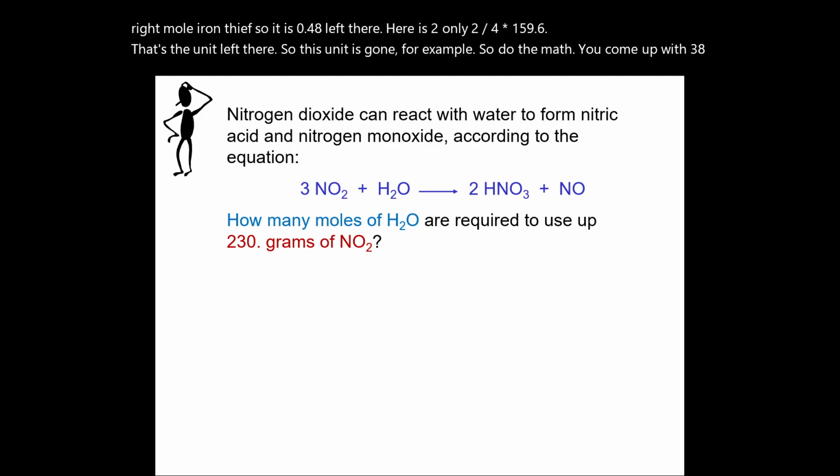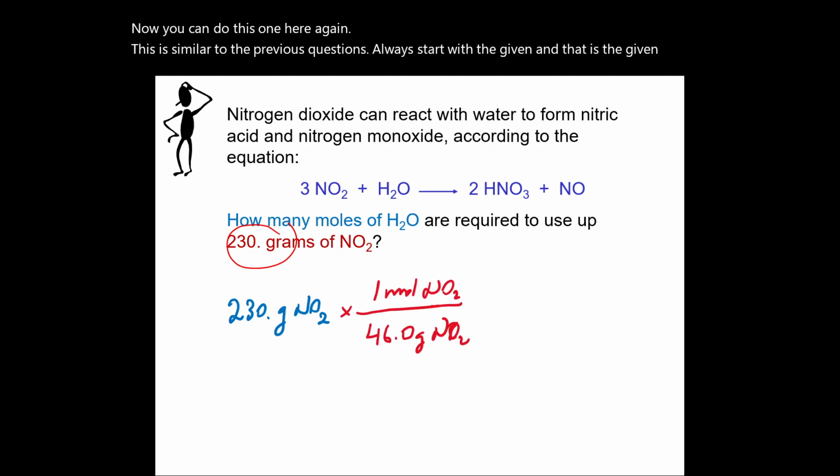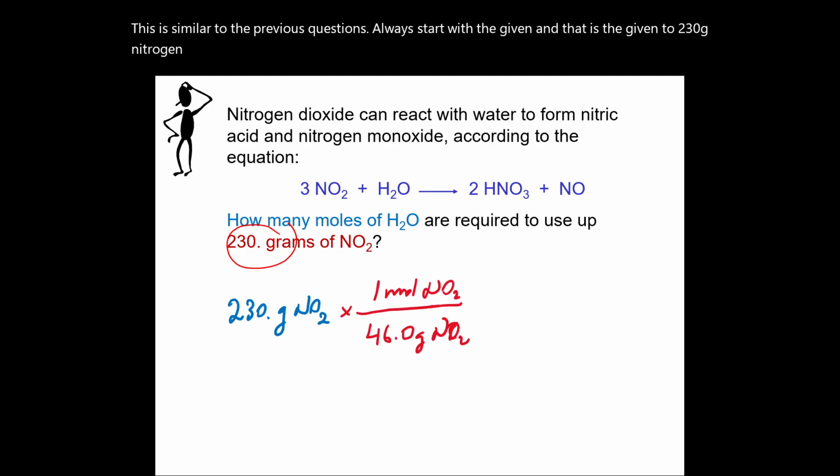Now this one here, again, is similar to the previous questions. They always start with the given, and that is the given 230 grams of nitrogen dioxide, and 46 is the molar mass of NO2.